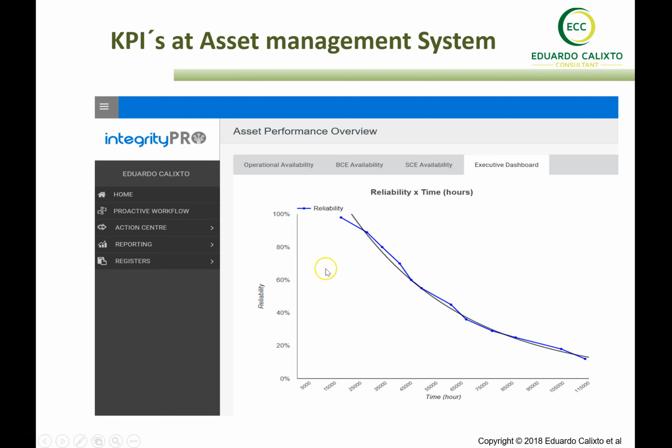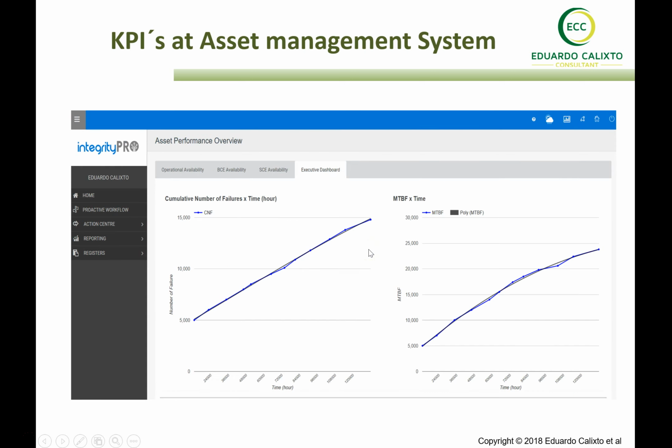So in asset management, as long as we start to input the FRACAS information, the system will generate such information. Then we have the reliability plots and reliability over time, and we can check if we are achieving the performance index or not. Another important piece of information, especially for the maintenance group, is the expected cumulative number of failures.